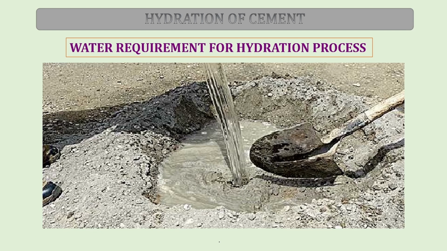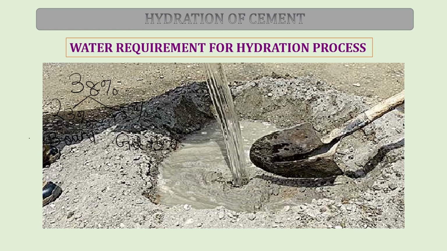Moving on, the water required for the hydration process. The minimum amount of water required for complete hydration is about 38%. Now, out of this, 23% by weight of cement is called the bound water, and this 15% is called the gel water.